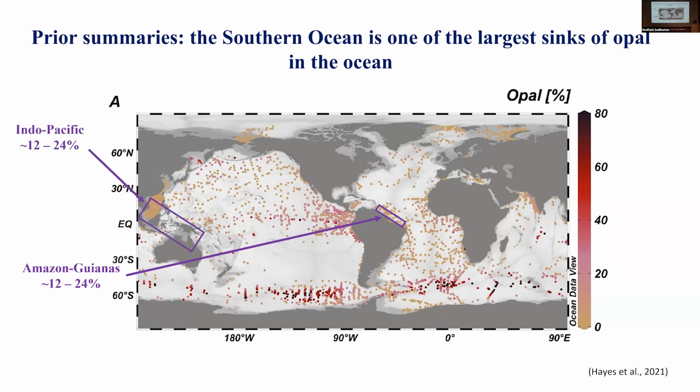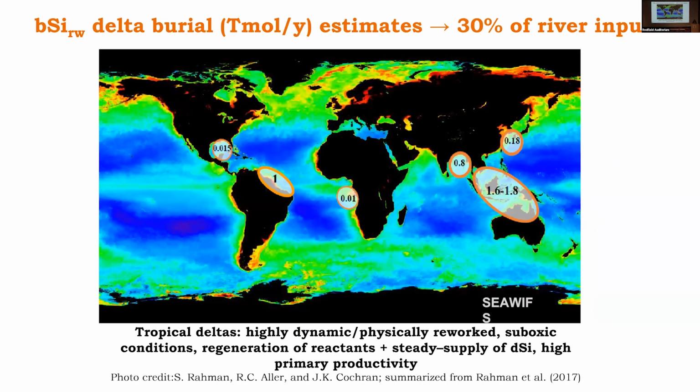In the Indo-Pacific archipelago, similar, 12 to 24%. In the Mississippi Delta, it's 4 to 13%. Once you put all of those numbers together in terms of the budget, which for silica can be balanced at about 15 teramoles per year of inputs and outputs, you see that the storage of biogenic silica in deltas alone accounts for 30% of your river inputs.